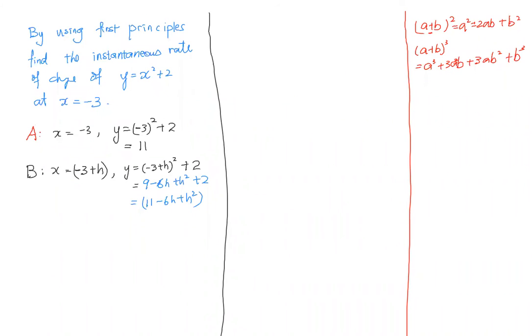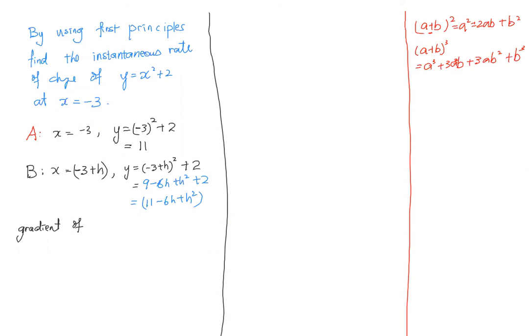A and B, you join, you get a chord. Amanda, next step, what should I do? Find the gradient. Amanda says gradient, so I write gradient. Gradient of what? Gradient at the point x equal to negative 3? You cannot just write gradient, gradient of what?